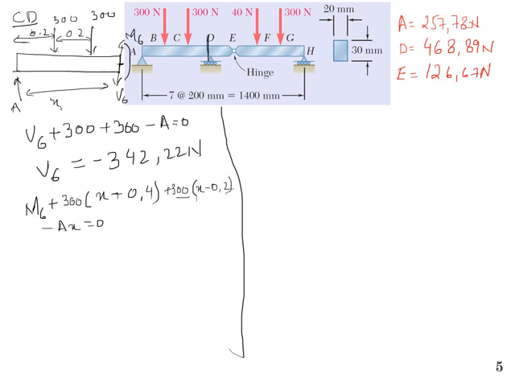Now if I put X equal to 0.4, I will come at point C. So this expression is valid for only section CD.